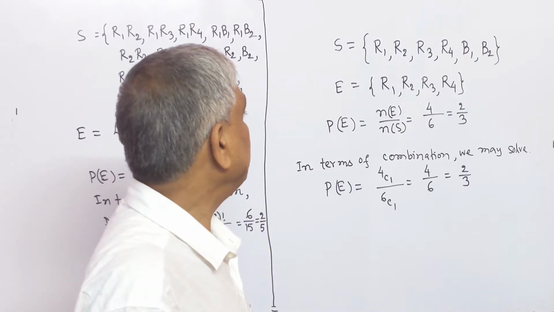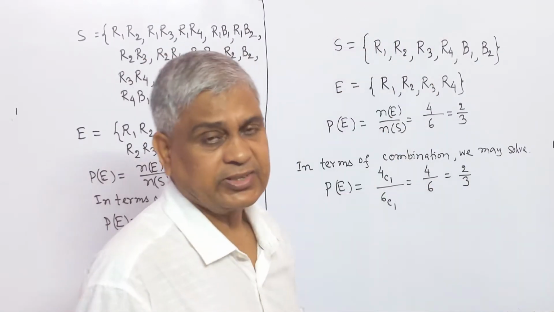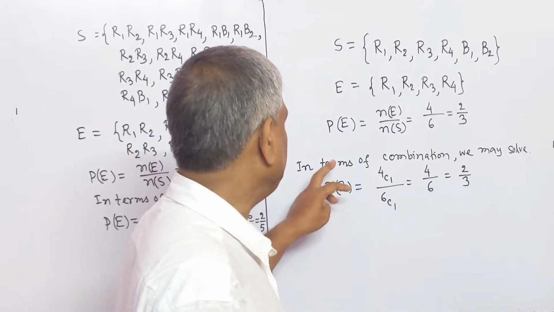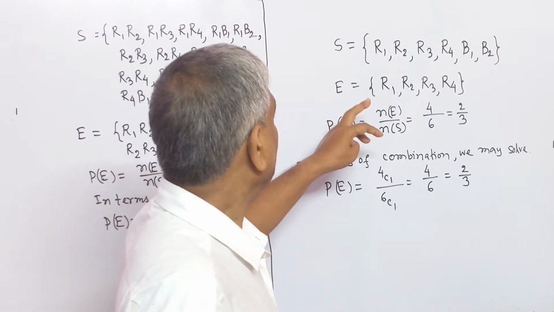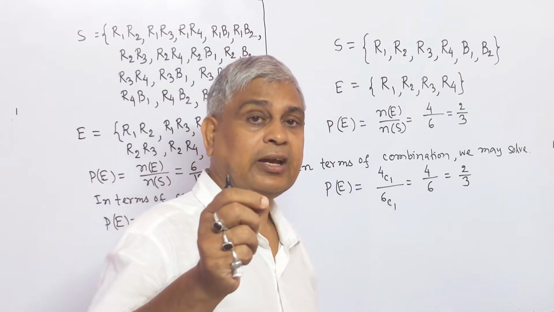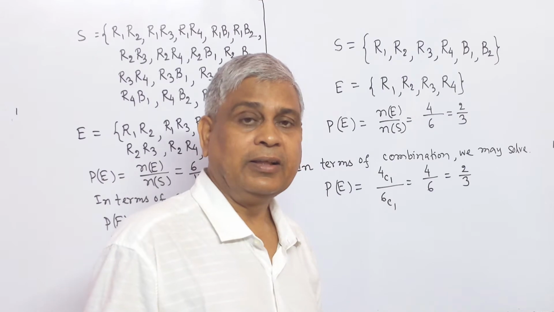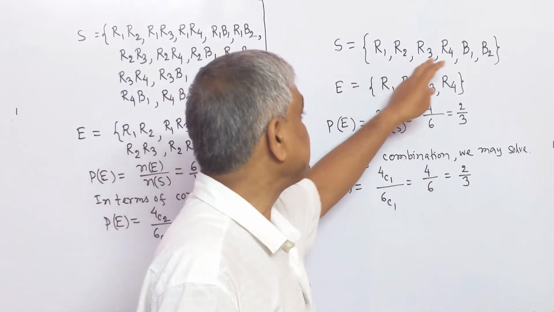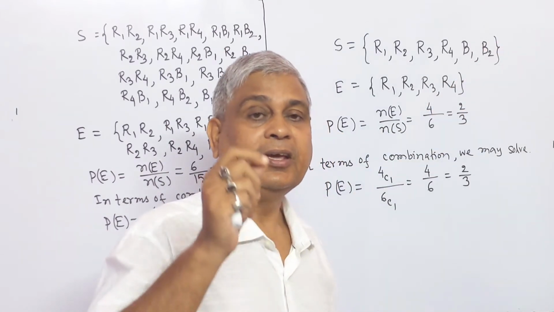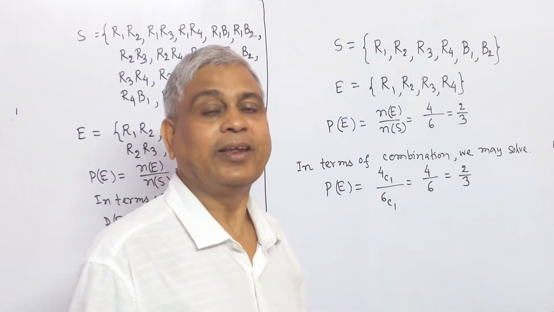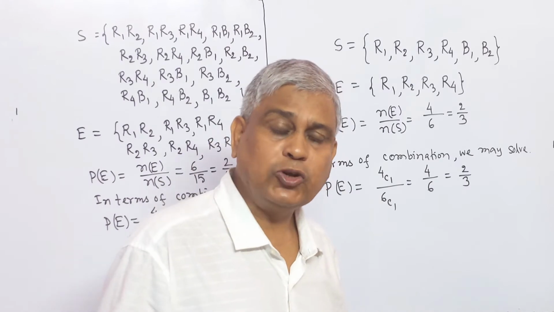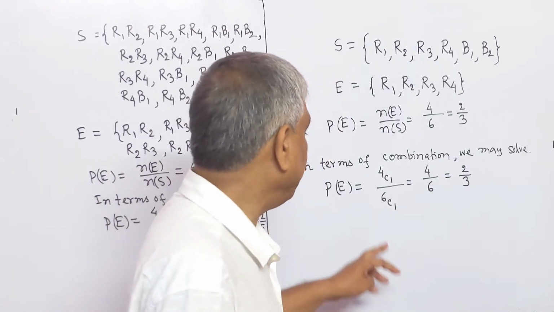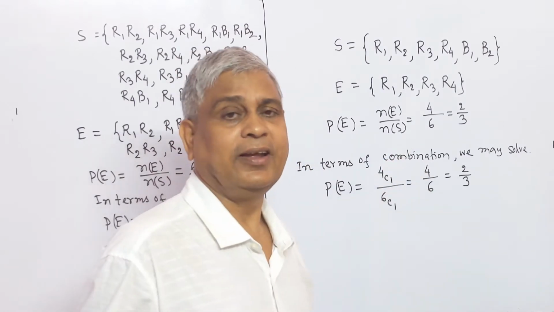Now if we use the concept of combination and solve in this way, here we have to select one ball. Therefore, the number of ways to select one ball out of 6 balls will be 6C1. So, in the sample space, the number of outcomes will be 6C1.